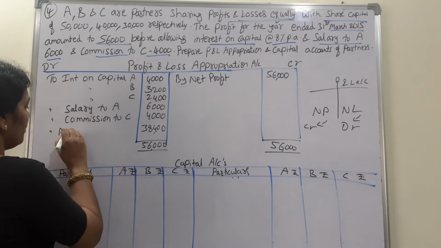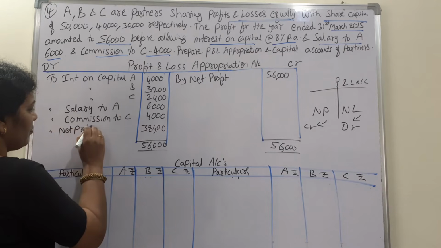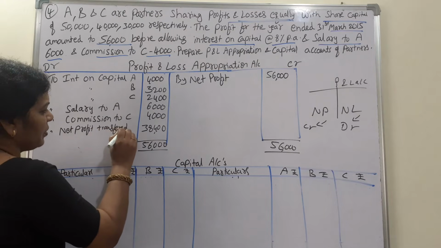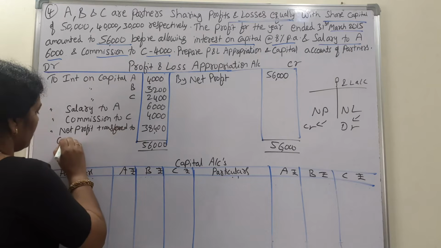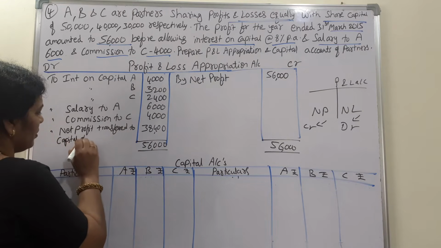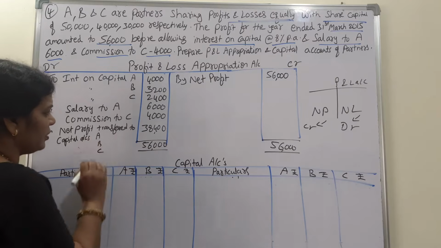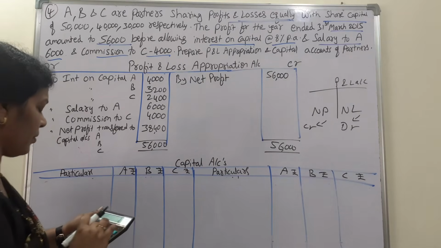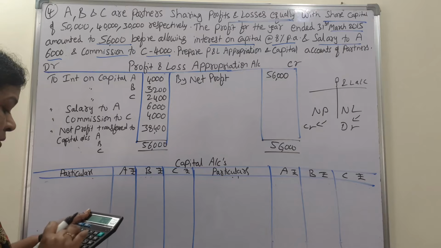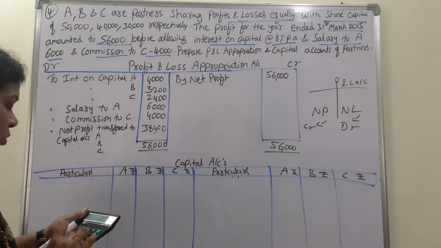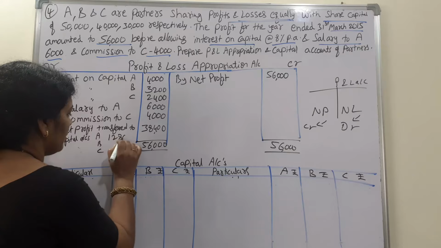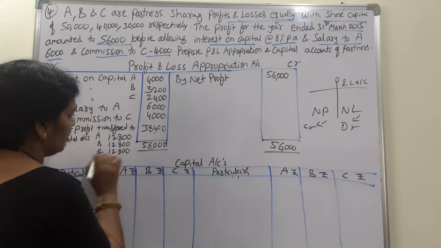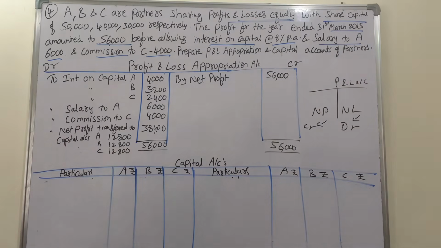So the net profit can be said to be transferred to capital account, A, B, C. 38,400 divided by 3 equally, no? So 38,400 divided by 3 is 12,800. So we got 12,800.